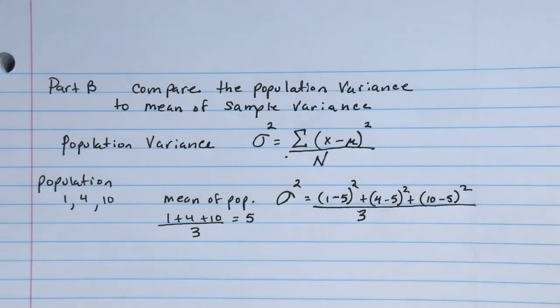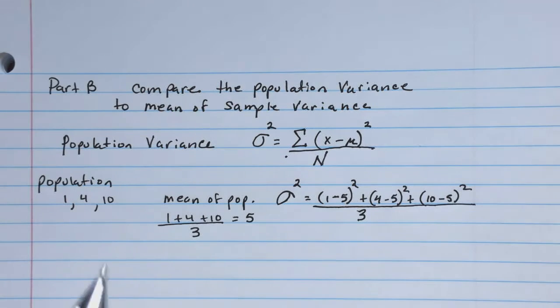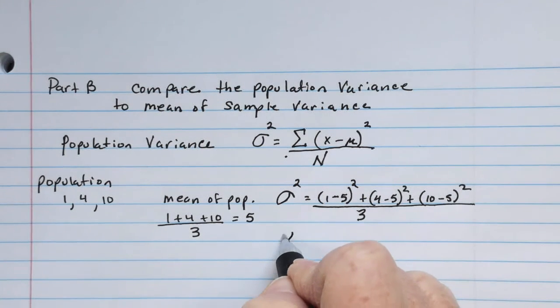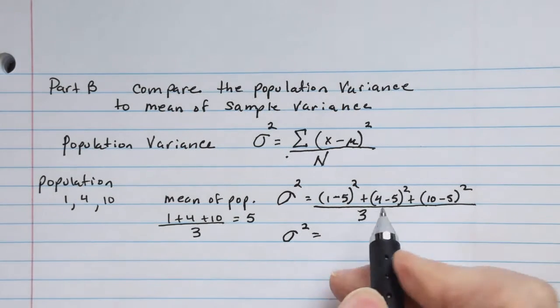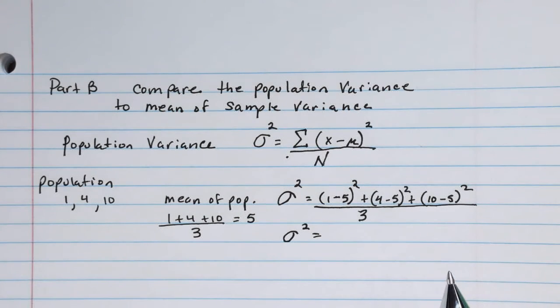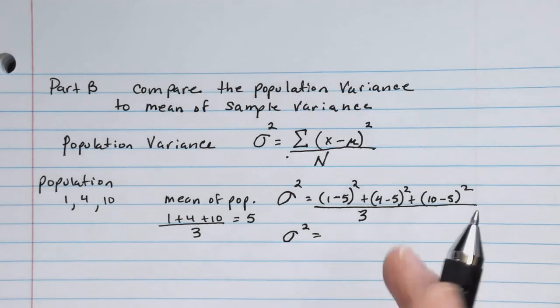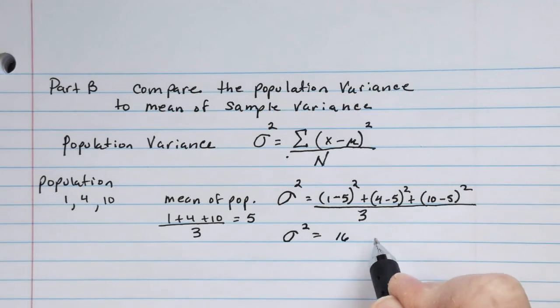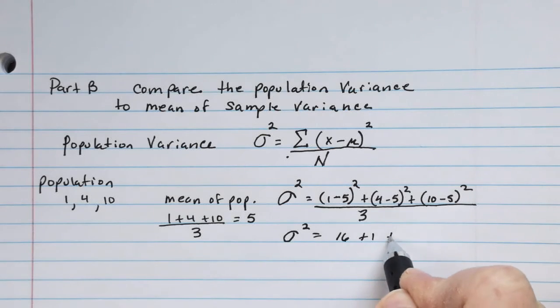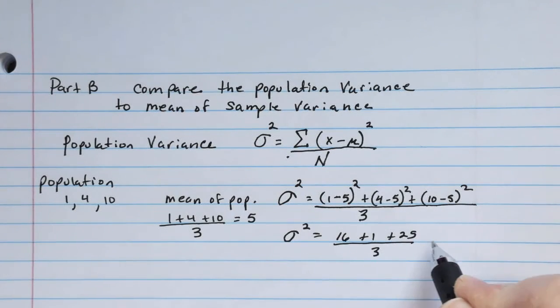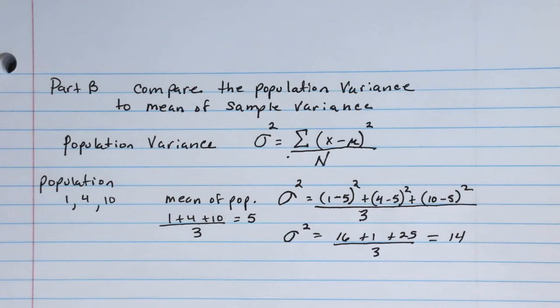Notice here we're not doing the n minus 1 because this is a population versus a sample. That's the difference, and that's probably where a few of you are making an error. So let's go ahead and calculate that. I believe it works out to 14. Yeah, let's take a look. 16 plus 1 plus 25 divided by 3. Yes. So our population variance is 14.